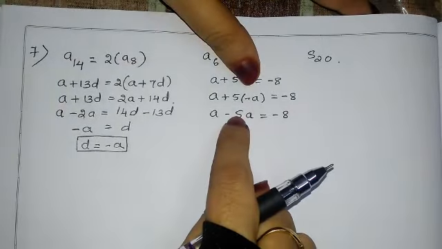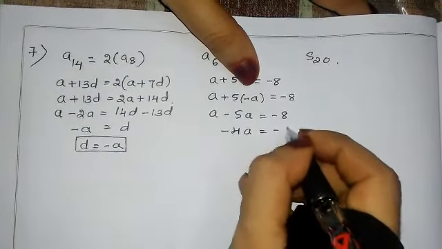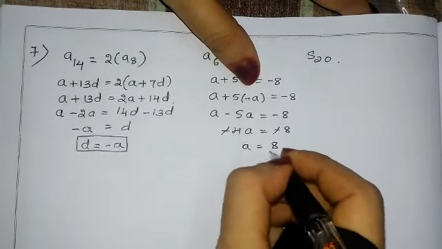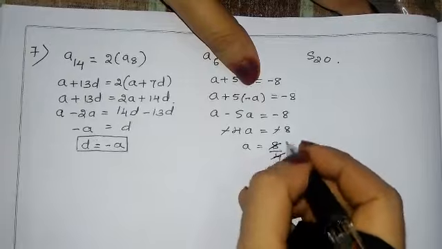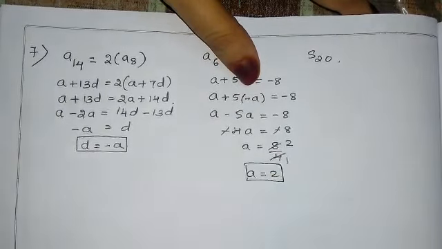Now, A minus 5A is minus 4A, equal to minus 8. Minus minus got cancelled. A is equal to 8 by 4. 4 1s are 4, 4 2s are 8. We got A is equal to 2. Value of A is 2.